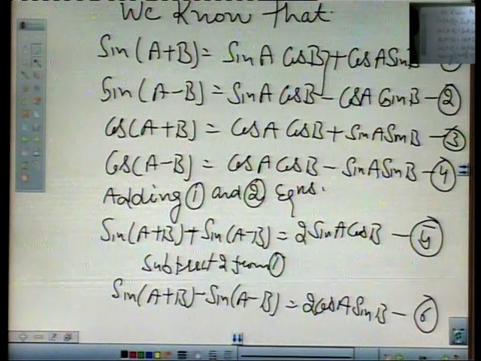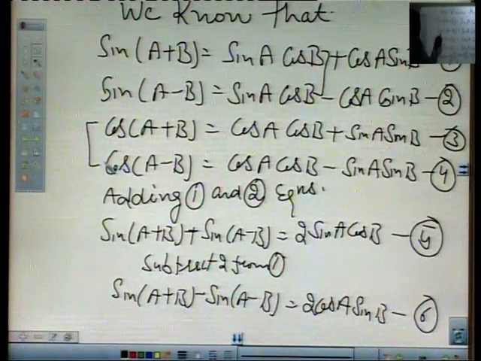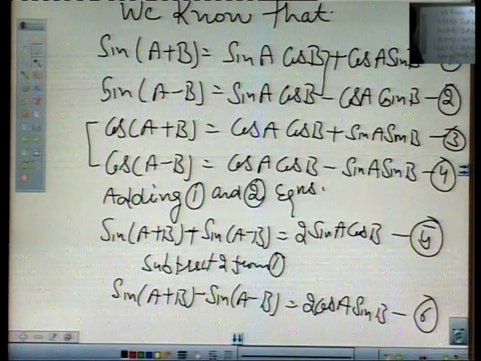Now see, if we add the third and fourth equations, what will we get?